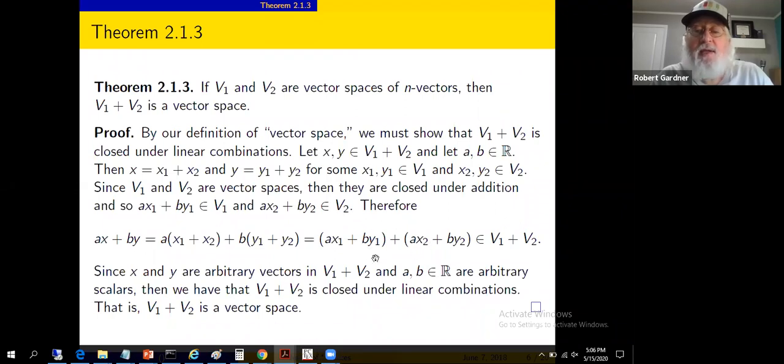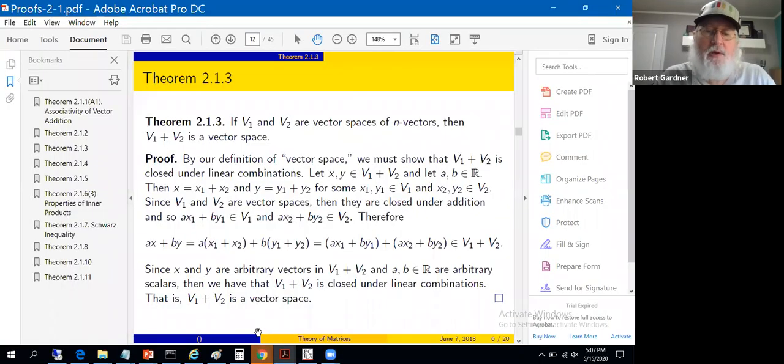We're adding these together, so we're getting an element of V1 plus V2. So it's a matter of writing ax plus by in the appropriate form to show that it's explicitly in V1 plus V2. And these were arbitrary vectors and arbitrary scalars. We've got closure under linear combinations, so it's a vector space, because that's what a vector space is here: a collection of n-vectors that's closed under linear combinations.